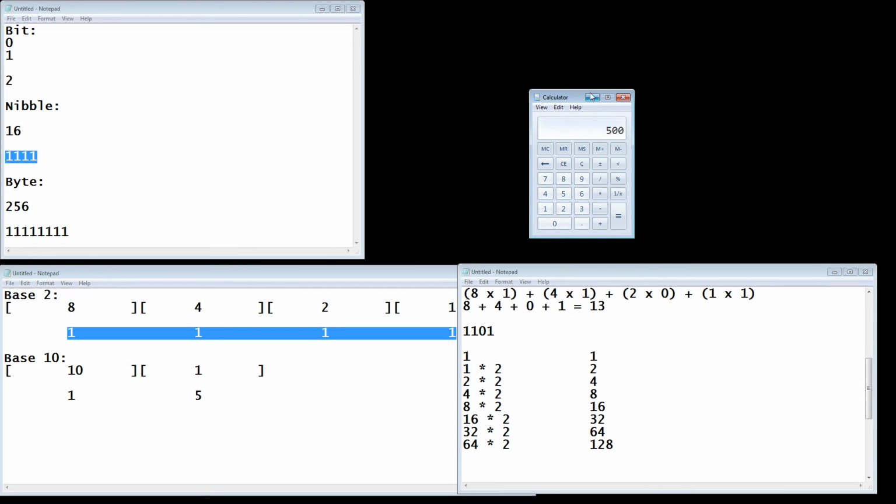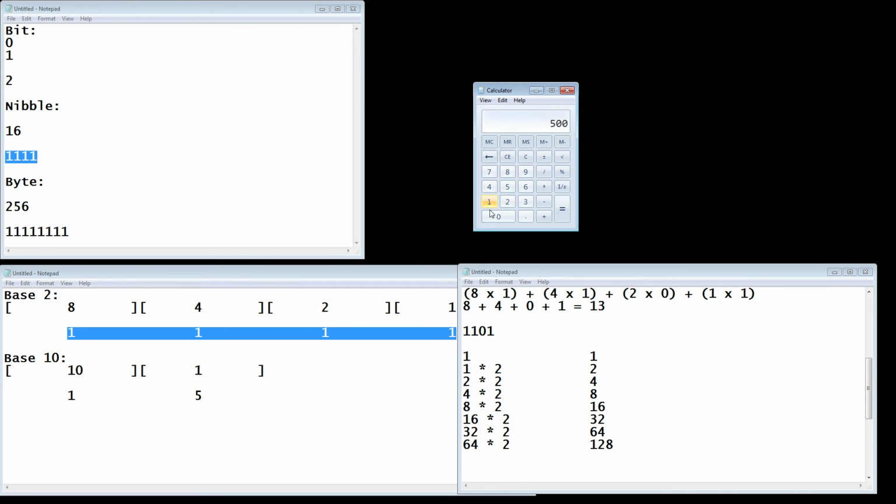So we're going to do 128 plus 64 plus 32 plus 16 plus 8 plus 4 plus 2 plus 1. As you see, our maximum value is 255 here. But remember, 0 is also a value. So we can have how many? 256 possible combinations in a byte.